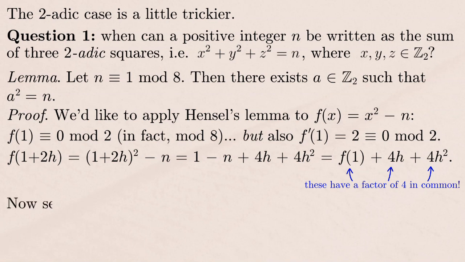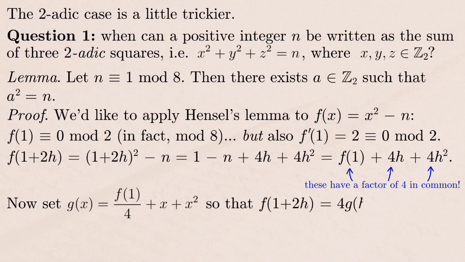We'll set g of x equals f of 1 over 4 plus x plus x squared. This is still a p-adic polynomial, and we've chosen it specifically so that f of 1 plus 2h is 4 times g of h. In particular, if g has a root, then f has a root.